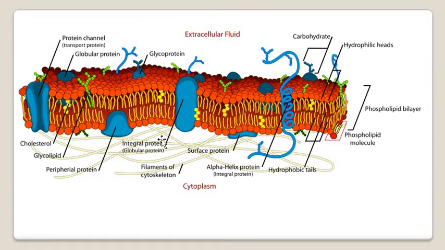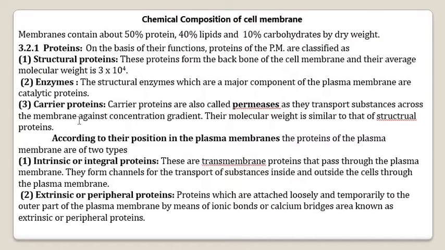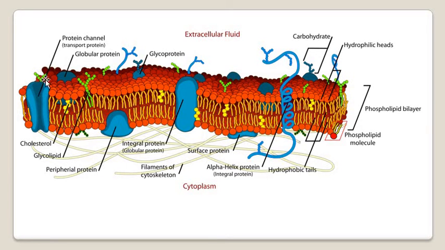Integral proteins expand through the plasma membrane, and they form channels for transport of substances inside the cell and outside the cell through the plasma membrane. Like this, it forms a channel for the transport of the molecules across the plasma membrane.